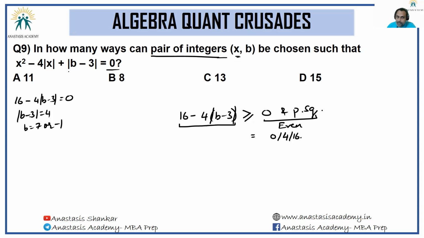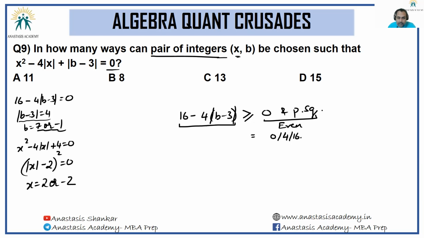In order to identify the value of x, you have to go ahead and replace in the original equation mod b minus 3 is equal to 4. So the equation will turn to x square minus 4 mod x plus 4 is equal to 0. And this can be reduced to this. So x can be equal to 2 or minus 2.